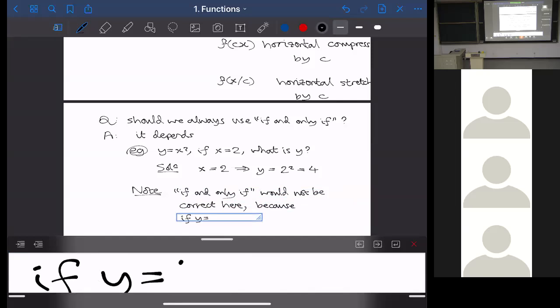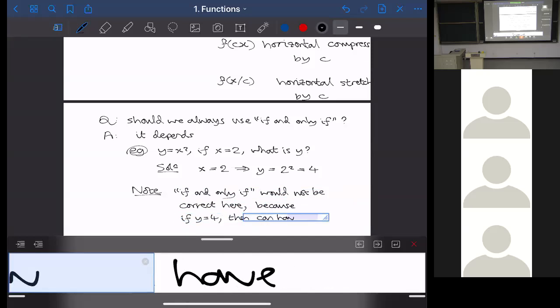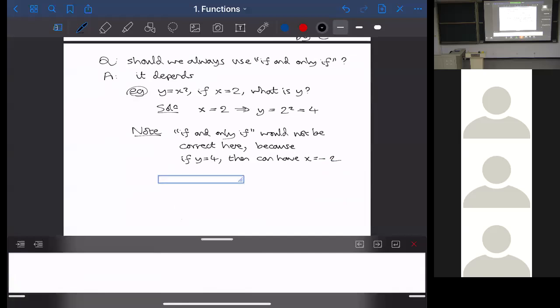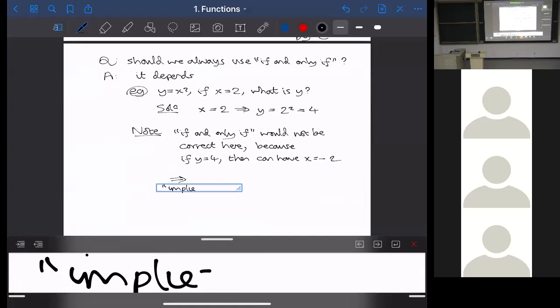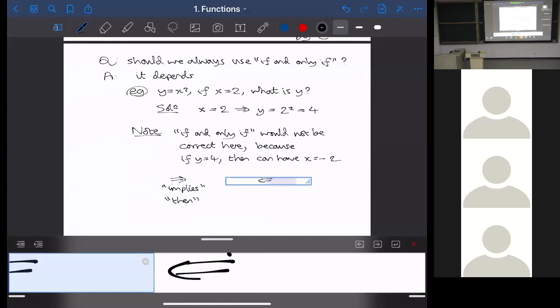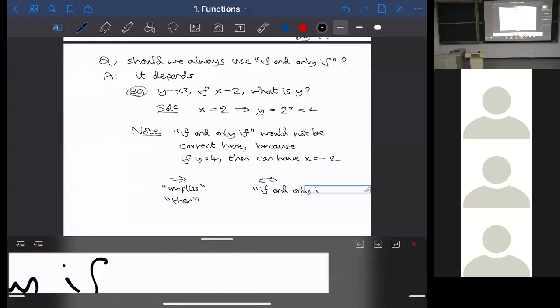Because if y equals 4, then we can have x equals minus 2 also. Okay, so this means implies, or just then, and this means if and only if.